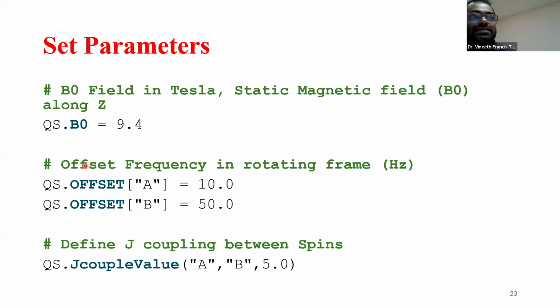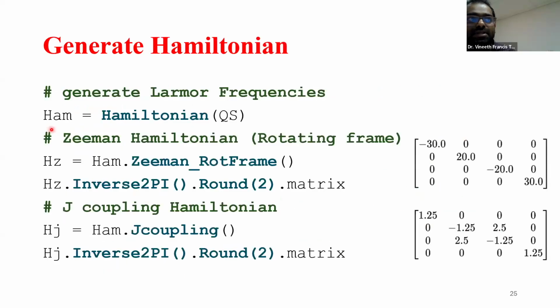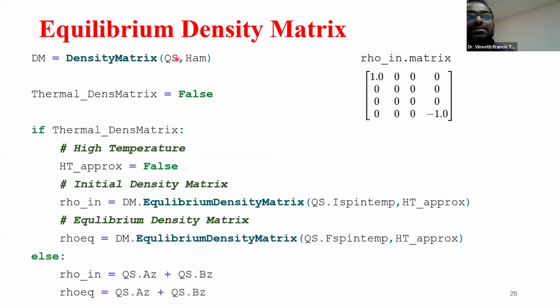I create this quantum system, and this information is saved in the quantum system as attributes. When we pass this quantum system, all this information is shared with the Hamiltonian and also the density matrix. So it knows all this information internally. When we define the parameters, it takes it automatically.